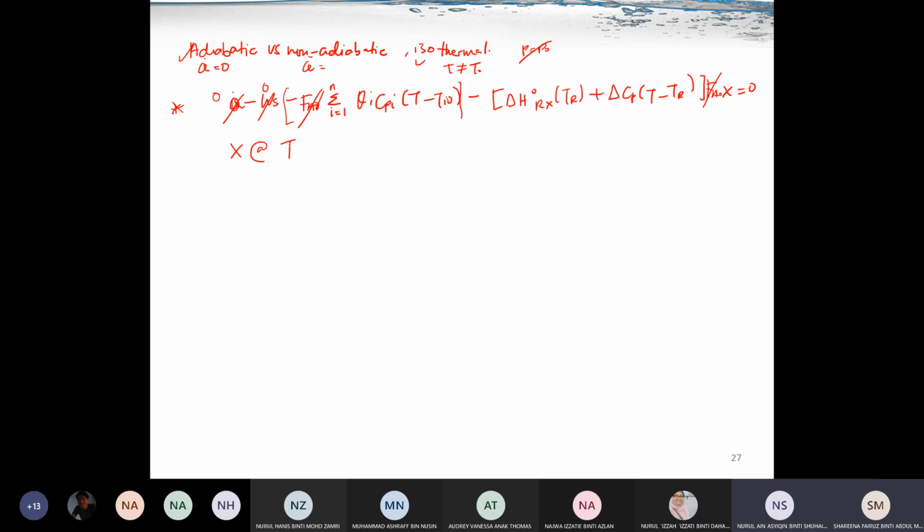When you arrange it to X, it becomes the conversion for the energy balance.